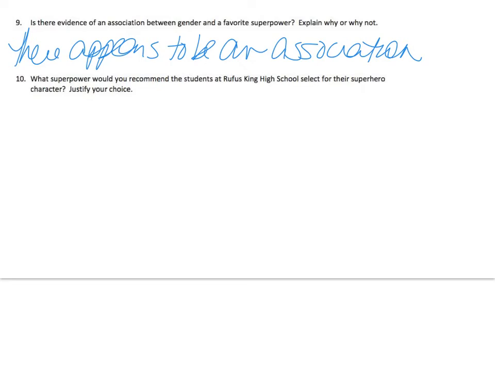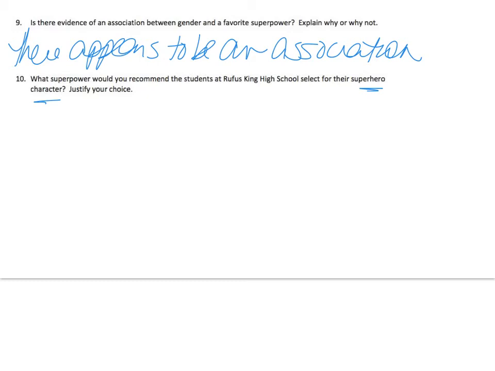What superpower would you recommend the students at Rufus King High School select for their superhero character? Justify your choice. You could pick anything as long as you justify it. If I look at the relative frequencies, I would look at the ones that would hit both the females and the males.